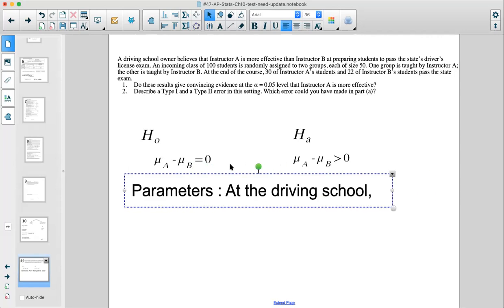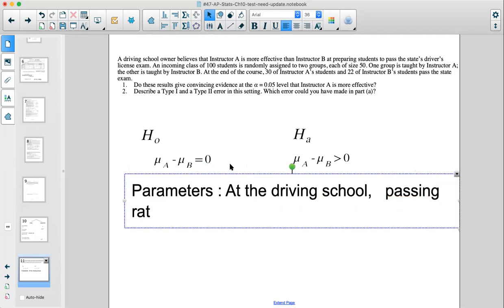Mean is not a good word because I just get confused. So passing rate of students.